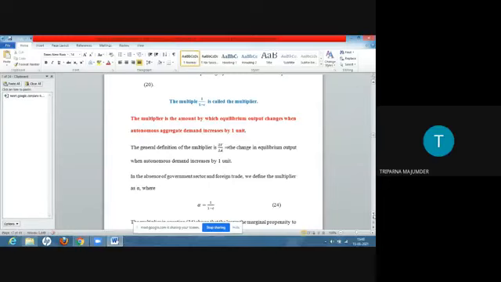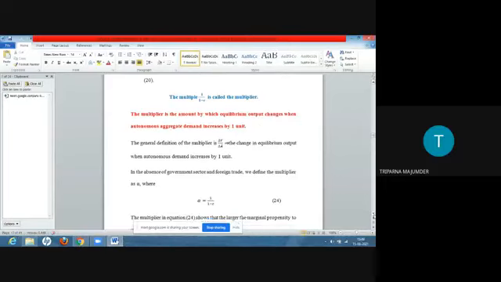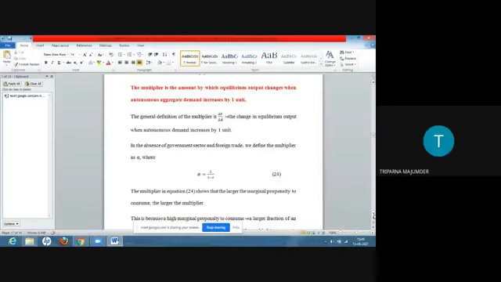When autonomous demand increases by 1 unit, by how much does equilibrium income change? So this is what is meant by the multiplier. In the absence of the government sector and foreign trade, we define the multiplier as alpha, where alpha is equal to 1 by 1 minus C.